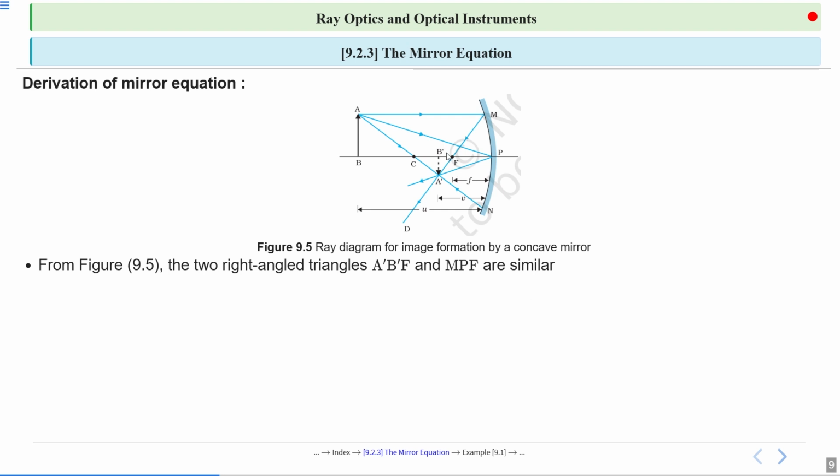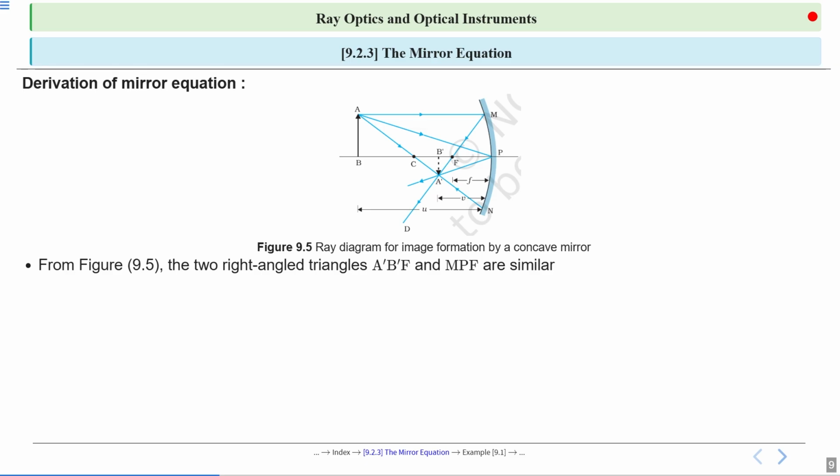What are similar triangles? You may have studied in 10th class. One chapter is for congruence, checking for congruency. One is for checking similarity. So what is similarity? One large ball and one small ball are similar to each other, but their size is different.